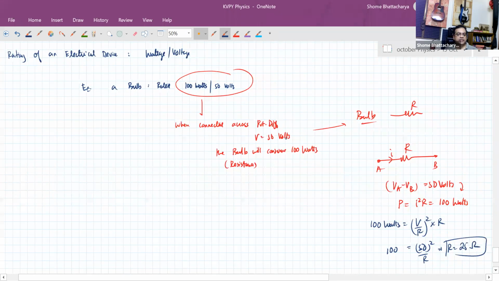So the rating of 50 volts slash 100 watts means that the resistance is equal to the voltage square divided by the power.